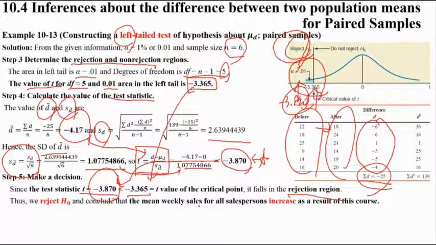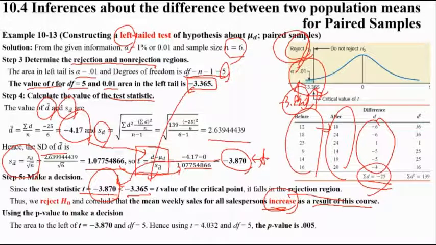Conclusion: the mean weekly sales of a salesperson increased as a result of the course. Okay, so increase, so reject. So reject means not the same, it's an increase, right? P value.